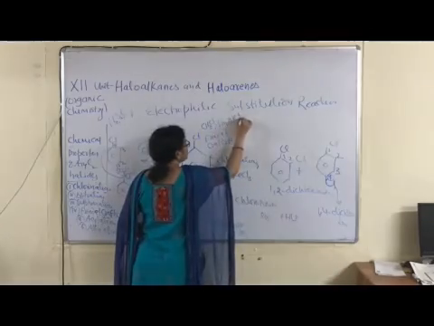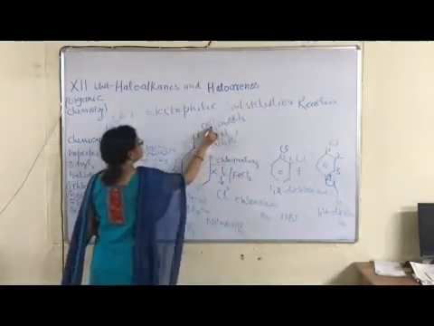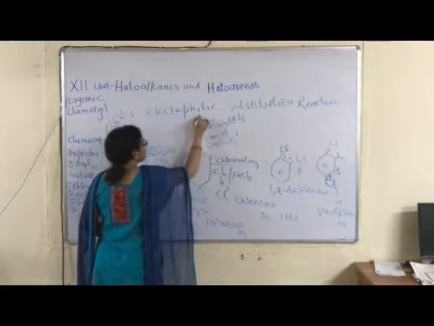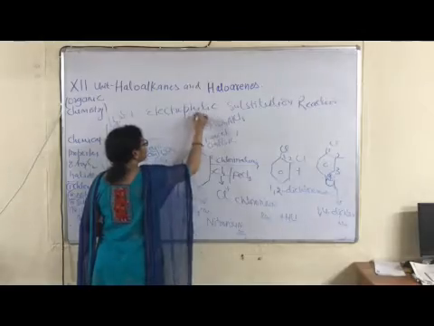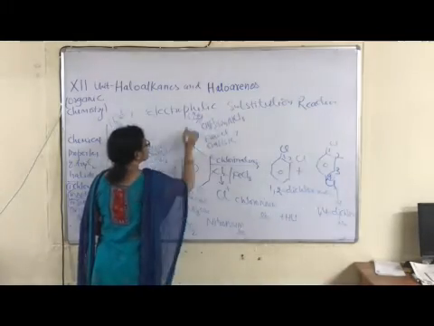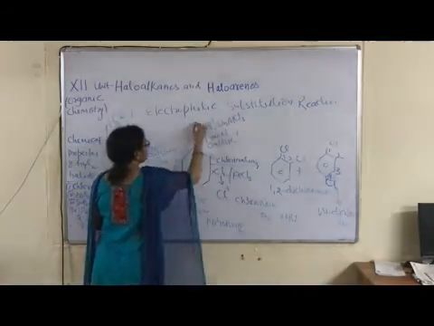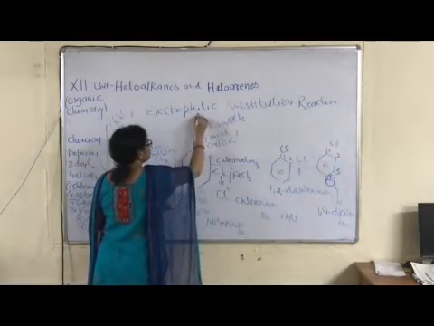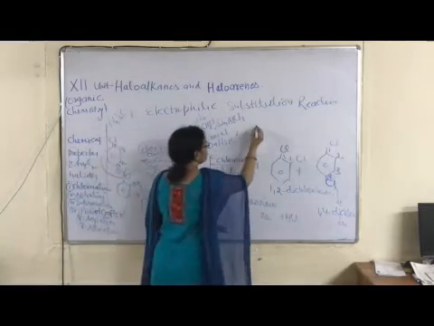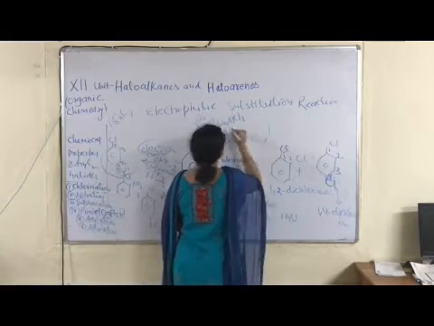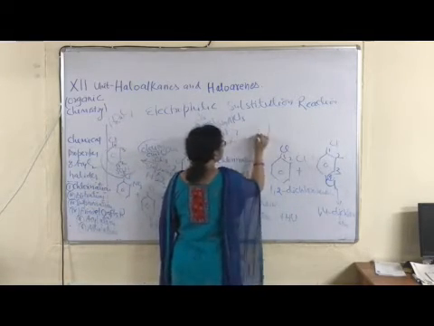Anhydrous means without water. Okay. This mixture gives the electrophile, which is the methyl carbocation, CH3 plus, right? The group is ortho-para directing. Then what is obtained? Ortho and para. When excess of this aliphatic halide is taken, 2 isomers are obtained.